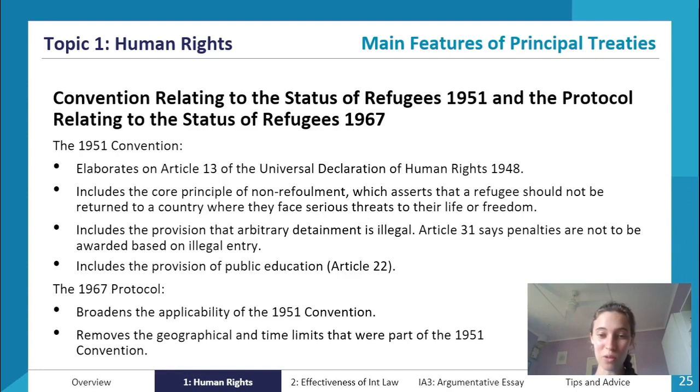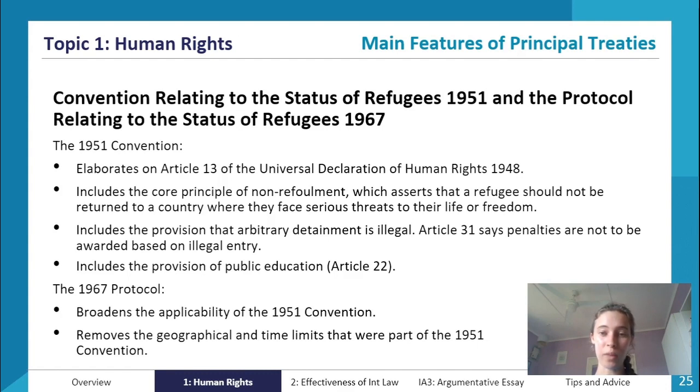So that sounds complicated, but it's simply just that idea that the refugee shouldn't be returned to a country where they do face those serious threats to their life or their freedom. Also, arbitrary detainment is illegal, and public education is something that all refugees are entitled to.